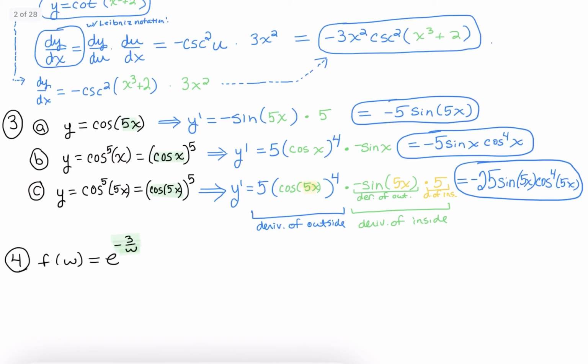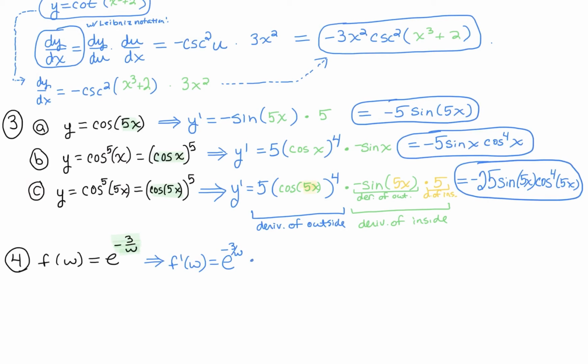So let's go ahead and take our derivative here. Our f prime of w, the derivative of the outside, the derivative of e to a function is e to that function.